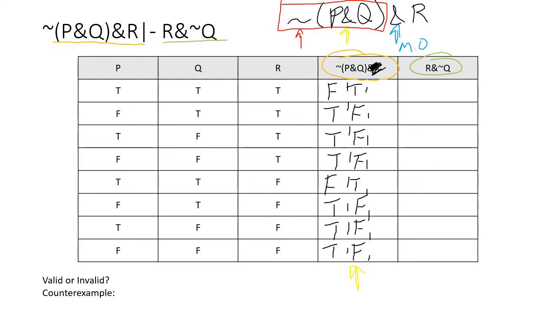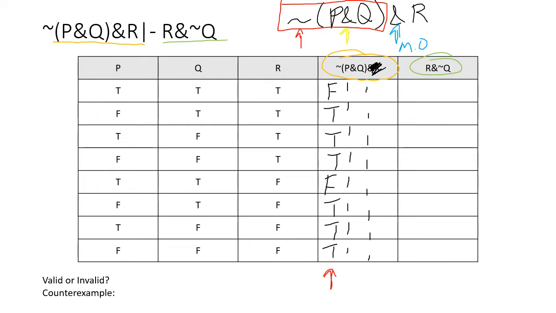And now with that, we can actually erase this middle column so it doesn't confuse us. We don't need it anymore, because this designates the tilde, which takes into account that ampersand.